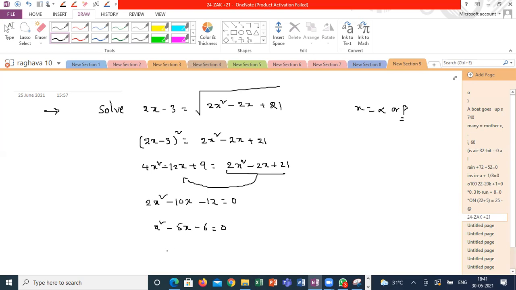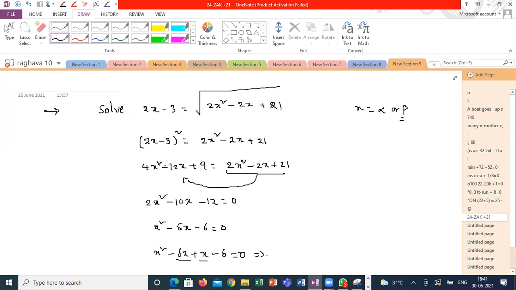If I am splitting this, I can split it like this. x square minus, the product should be minus 6x and the sum should be minus 5x. It is minus 6x plus x, not 2 comma 3. 2 into 3 is 6, but you have to take both as negative. Both negative means the sum is minus 5 and the product is plus 6.